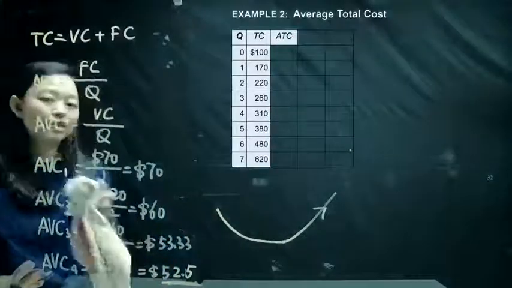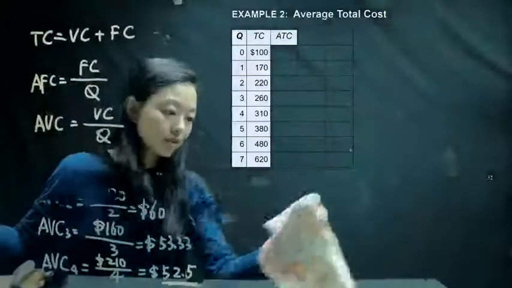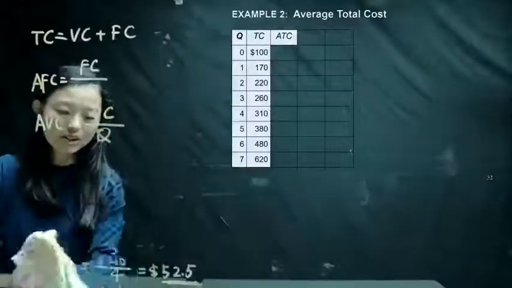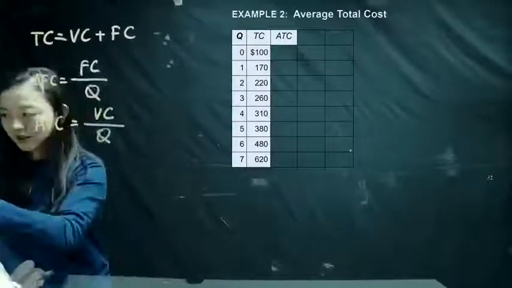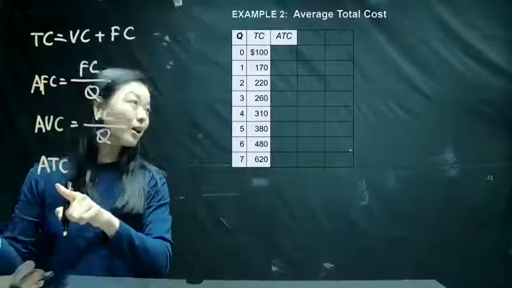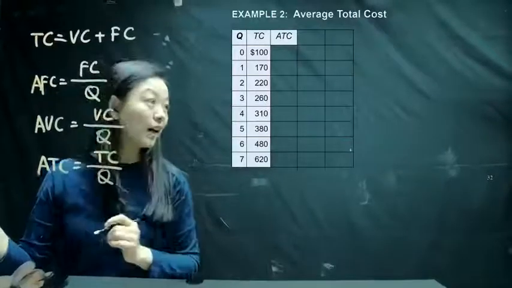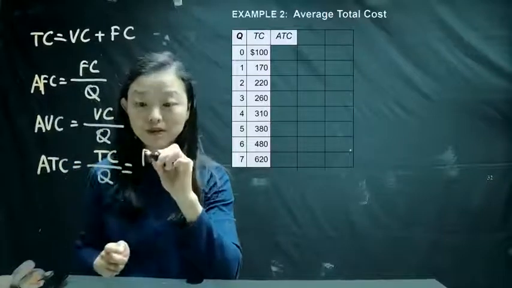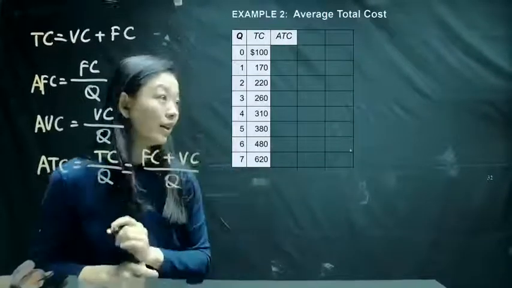Now, finally, let's look at average total cost. Average total cost just equals the total cost divided by quantity, right? So let me write it down. Average total cost equals total cost divided by quantity. And we can rewrite it a little bit, because total cost is the summation of fixed cost plus variable cost, divided by quantity.